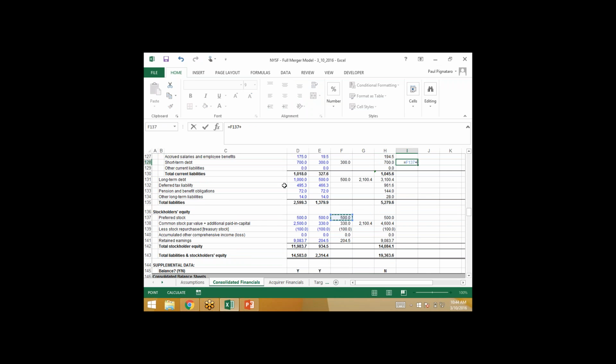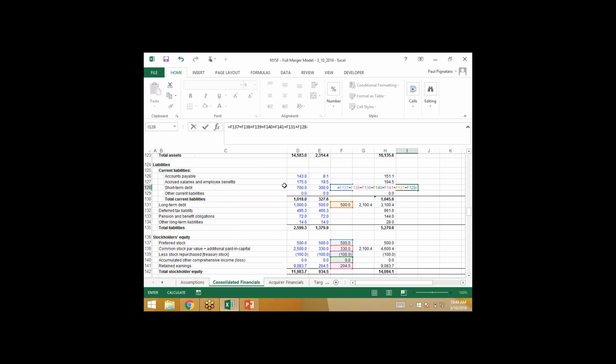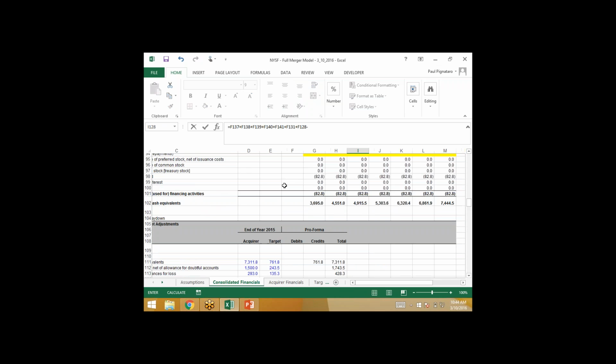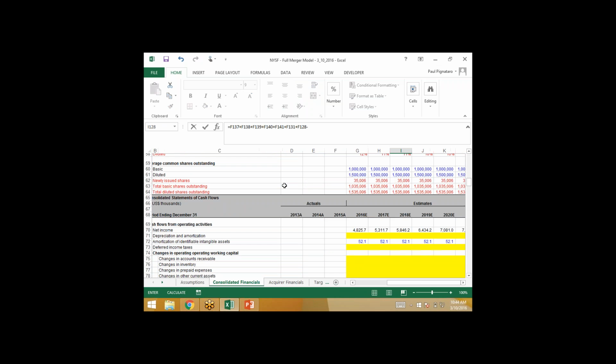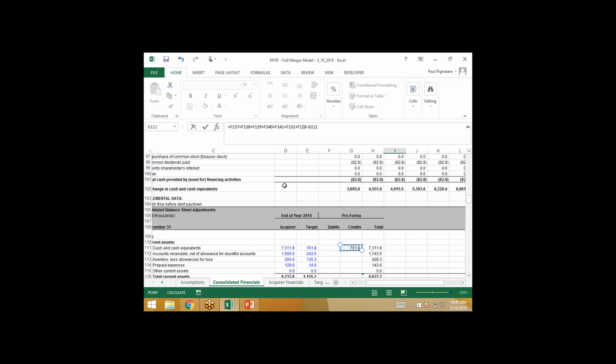It's this plus this plus this plus this plus this plus this plus this minus cash, right? Net debt. Yeah, minus cash. The cash is part of net debt. That I simplified just to illustrate.